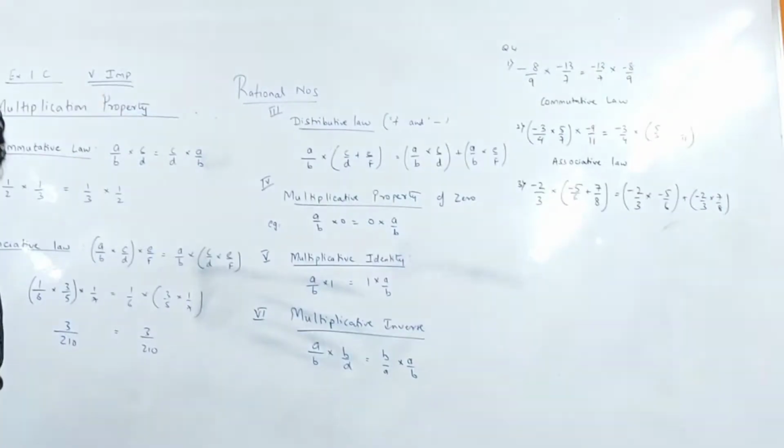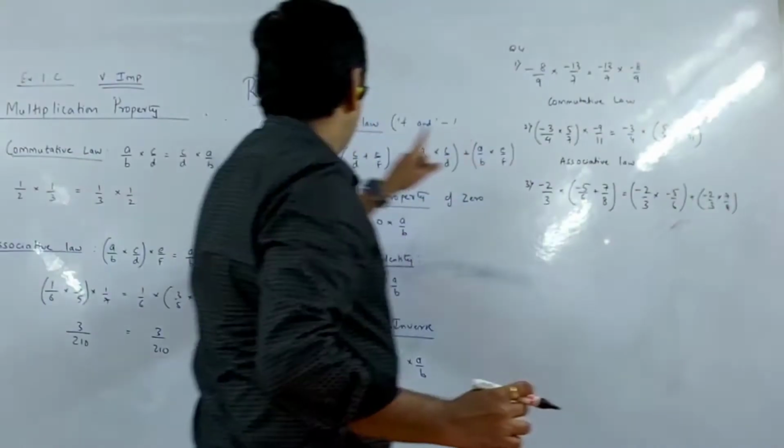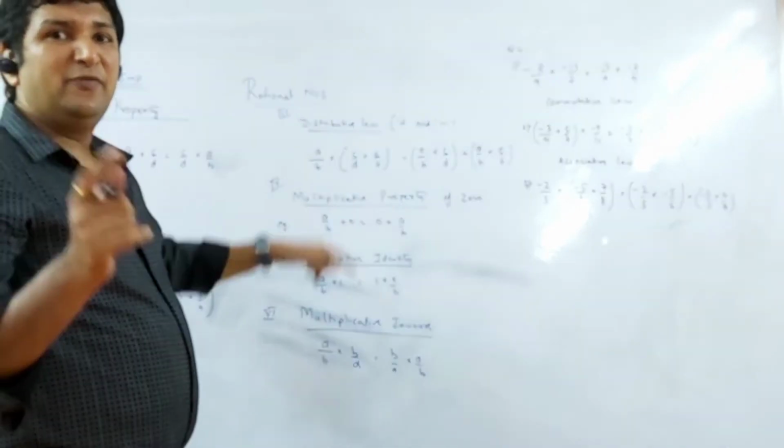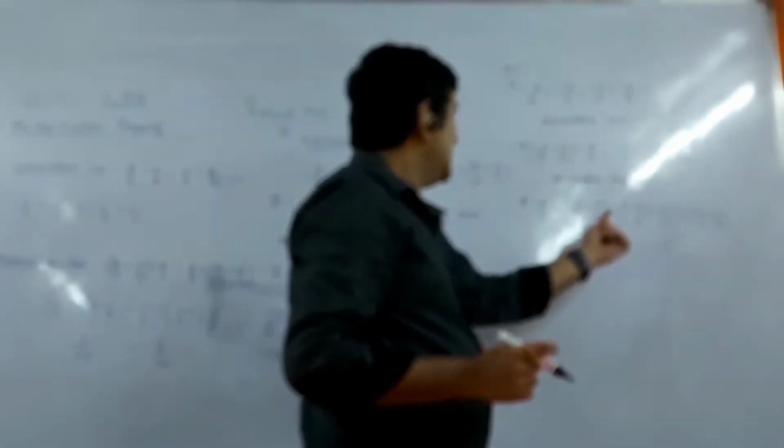Students, you can see over here there is plus in between. That means I have told you for plus minus compulsory which law? Distributive. So here I have minus 2 upon 3 into minus 5 upon 6 and minus 2 upon 3 into 7 upon 8. Hence this is nothing but distributive law.